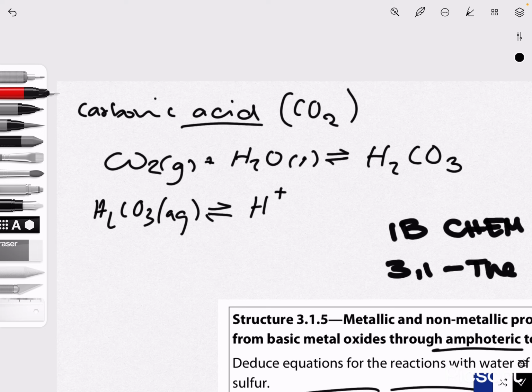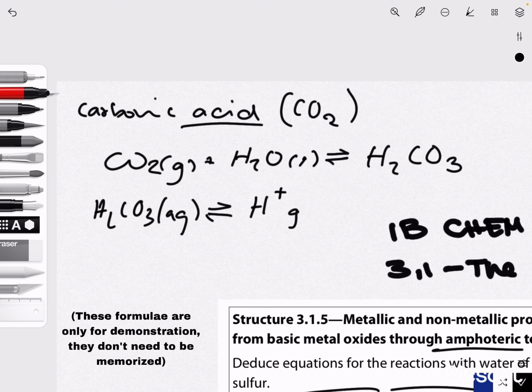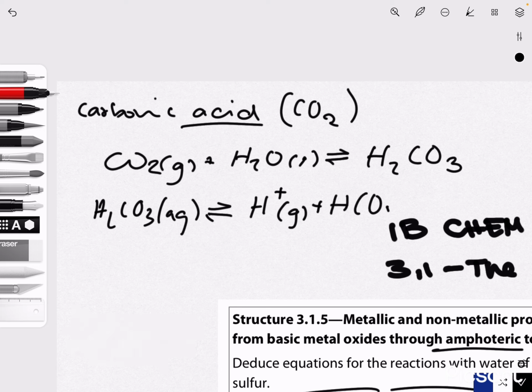Now this will then give you a hydrogen plus ion and an HCO3 minus ion.